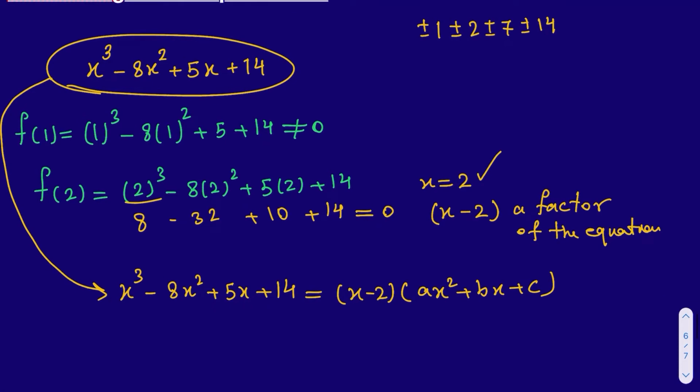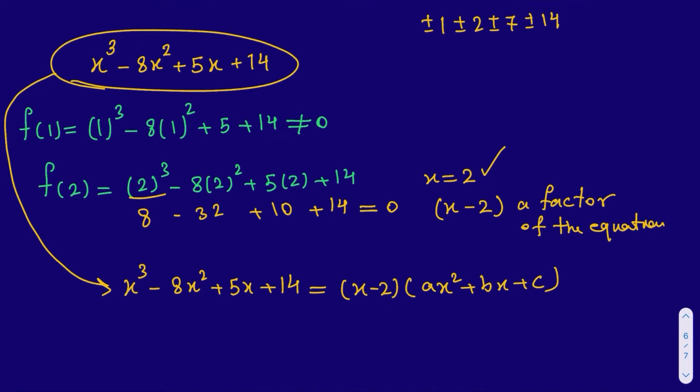This is a quadratic expression, meaning that the factor we have already found must be multiplied by a quadratic, and that will be equal to a cubic expression, because the degree of one factor is 1, so the degree of the other term must be 2, so that we will get an expression with the degree of 3.